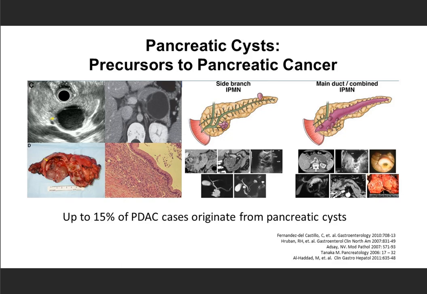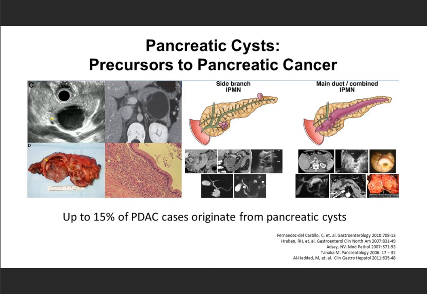And underneath it, they have a very unique type of cell presentation called ovarian stroma. The more common precursor lesion is the IPMN, and these are small cysts that can involve the side branch of the ductal system of the pancreas or the main duct. And these are the more common cysts, and it's estimated that up to 15% of pancreas cancers perhaps originated from some of these cystic populations.